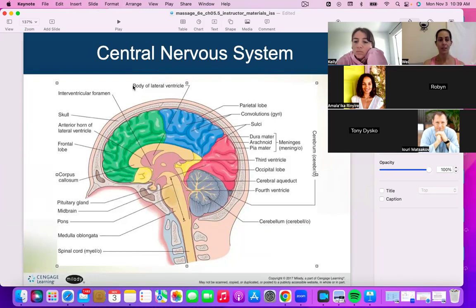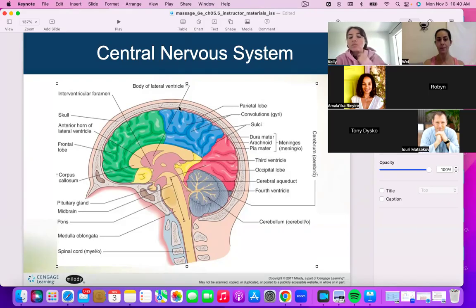From here, just understand, I'm not going to highlight this, but it's okay, that we got the skull, which is the hard, protective bone of the brain. We got lobes in the brain, the frontal, the parietal, the occipital. Other parts of the brain, we got the cerebellum, which helps with balance and all that stuff.